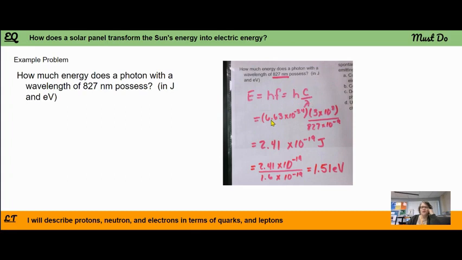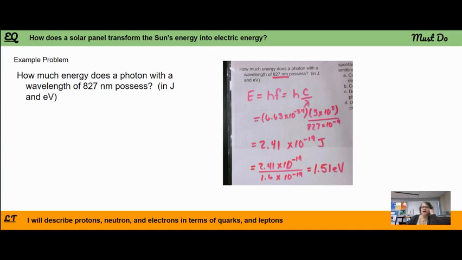So h is 6.63 times 10 to the negative 34. c is 3 times 10 to the 8th. And then our wavelength is 827 times 10 to the negative 9. If we do that work in our calculator, we'll end up with 2.41 times 10 to the negative 19 joules.